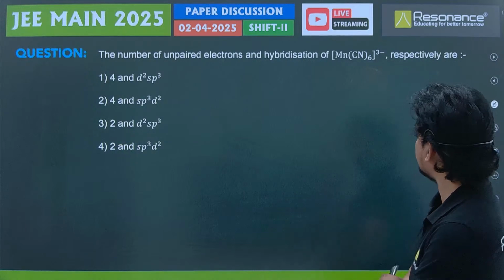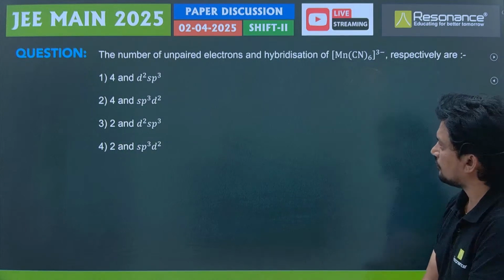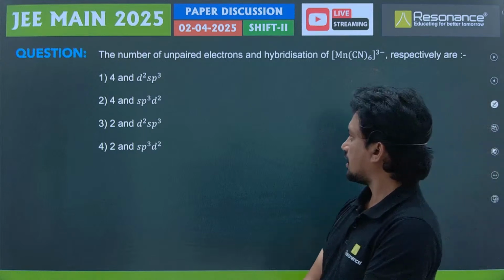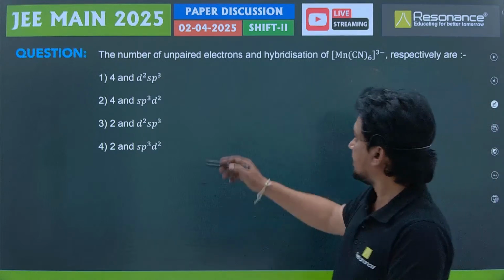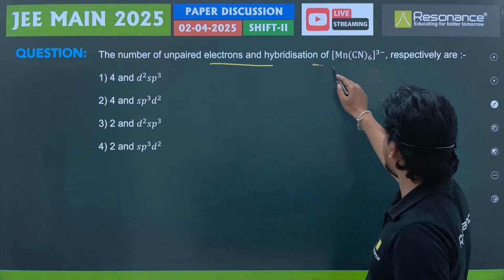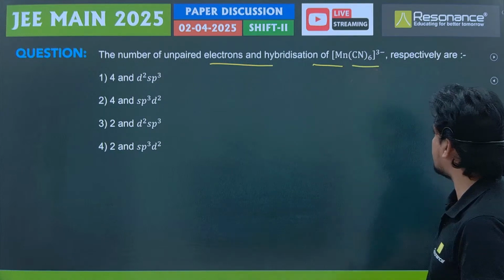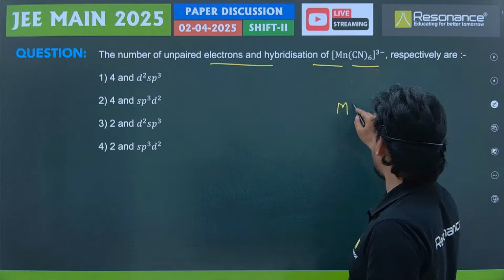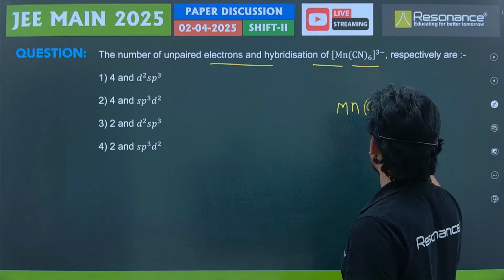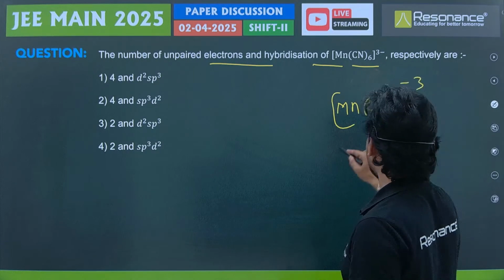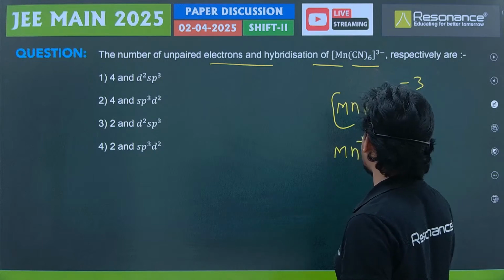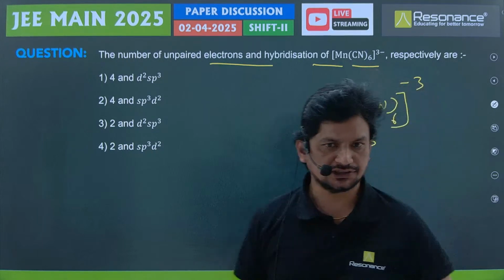Yeah, this is a very regular question from complex compounds, right? The number of unpaired electrons and hybridization in [Mn(CN)6]3-. Here Mn is in what oxidation state? Plus 3 oxidation state.